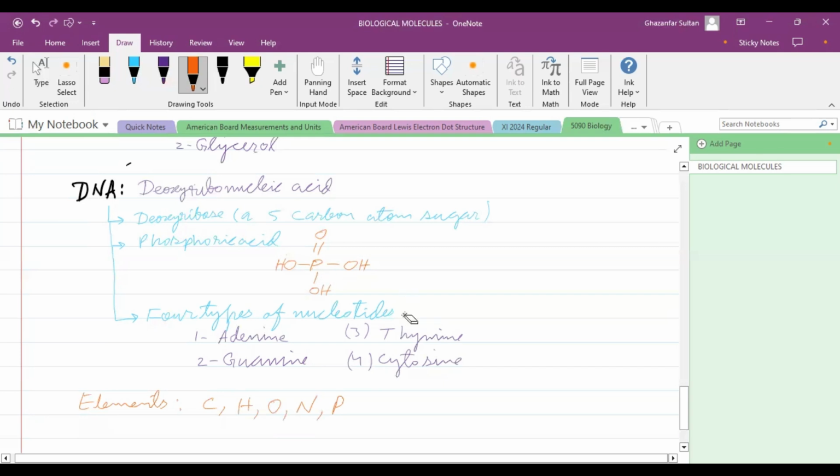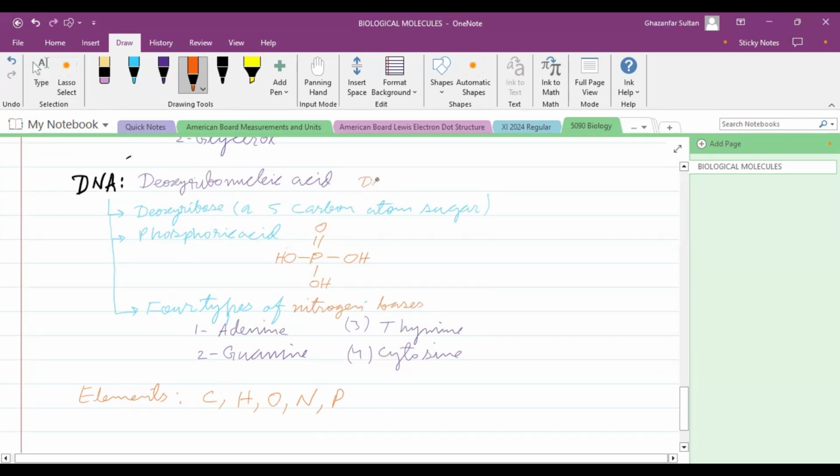Okay. And I should write here 4 types of nitrogen bases. DNA is composed of 4 types of nucleotides.